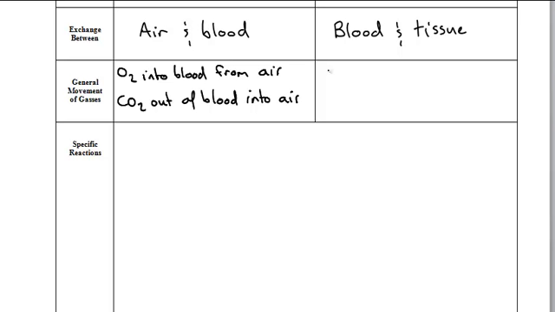And then over here in internal respiration, we have O2 from blood into tissue.